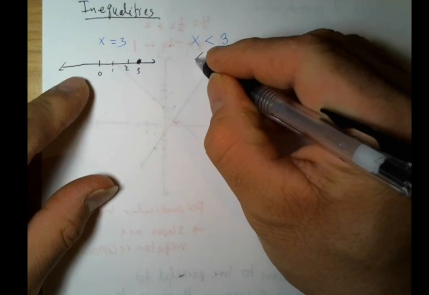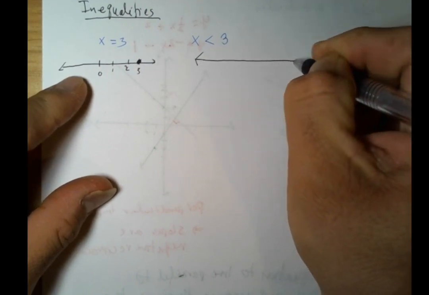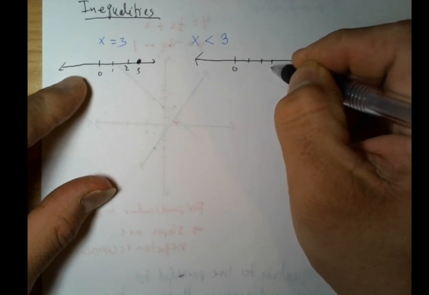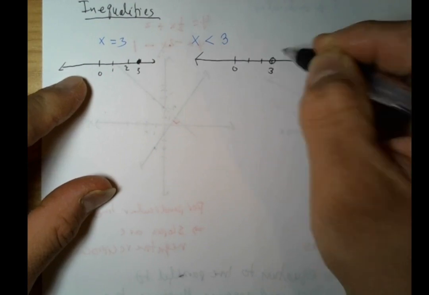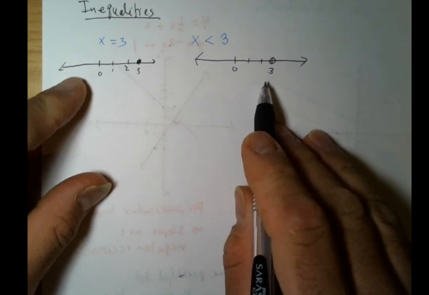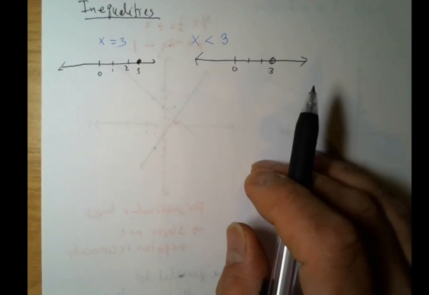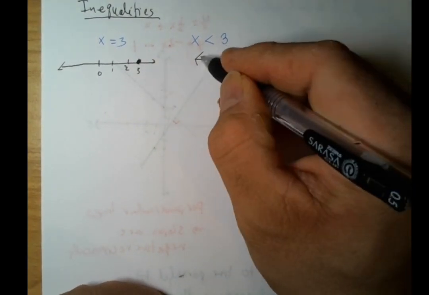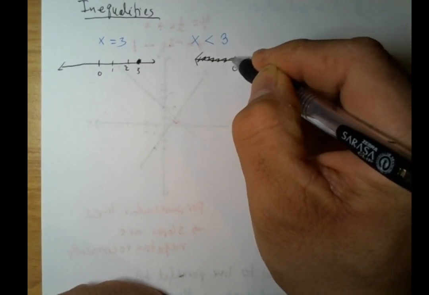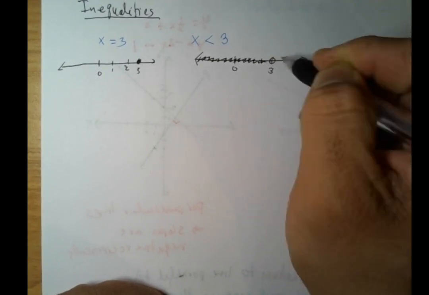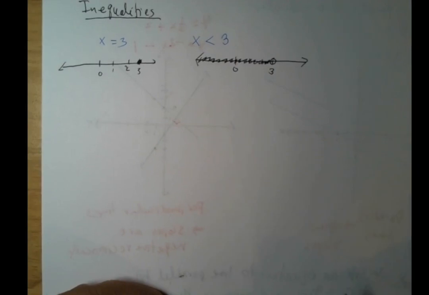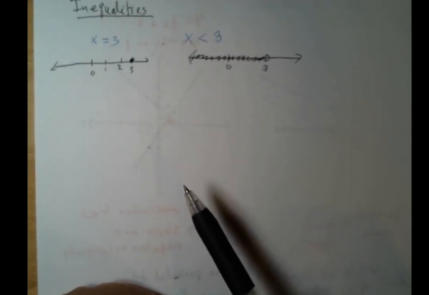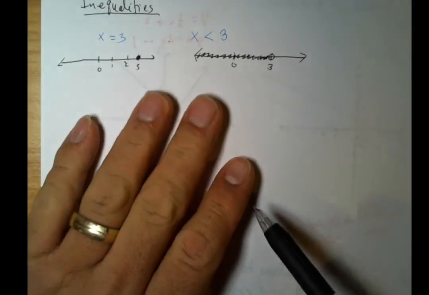Now, for something like x is less than 3, I'm going to use an open circle since this signifies that my solution does not include 3. Now, less than, I'm going to shade in everything to the left. So any of these values going on to infinity would satisfy this inequality.